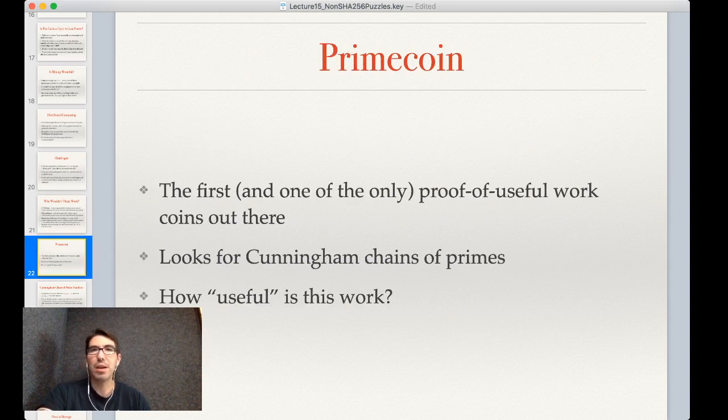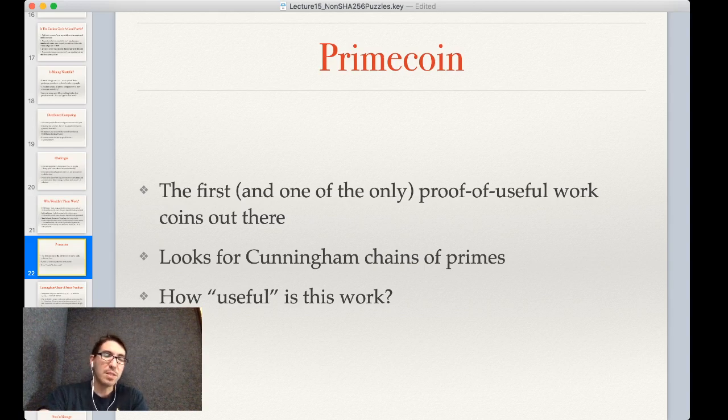And actually one cryptocurrency did, called Primecoin. So Primecoin was the first, and as far as I can tell, the only proof of useful work coin out there that actually got any traction. Not that it got that much traction, but I think it's an interesting idea. And it looks for Cunningham chains of primes, which I'll discuss in a second.